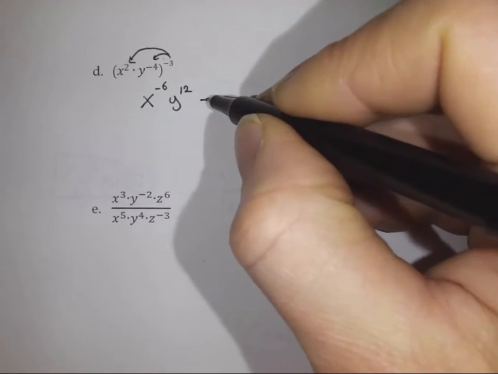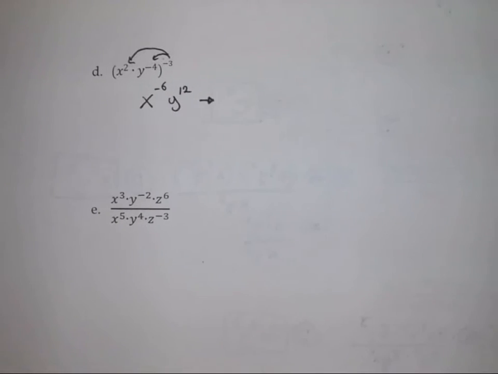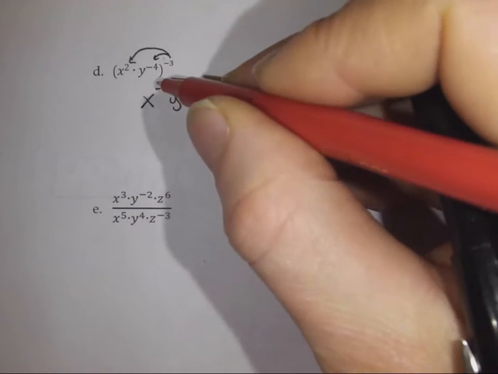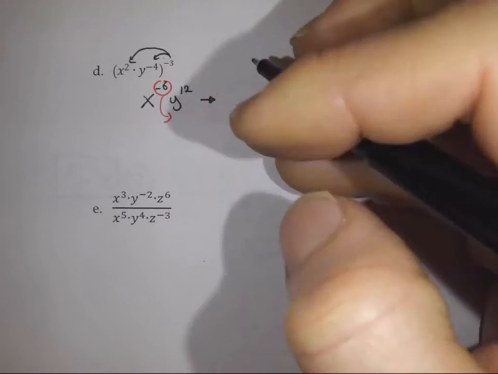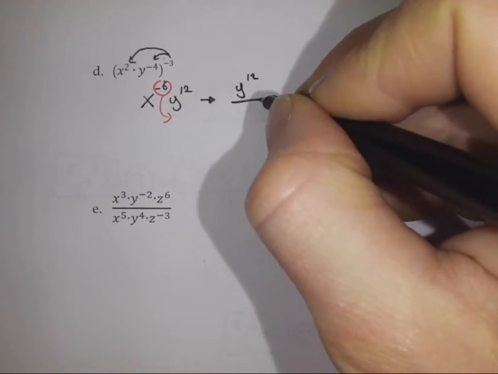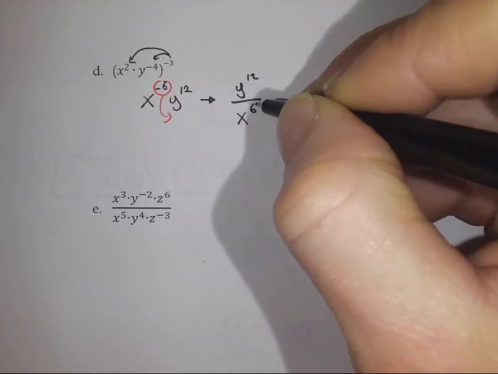And so that's pretty good. Then we have a negative exponent, so we have to flip this downstairs, and that gives us y to the power of 12 over x to the power of positive 6. Good.